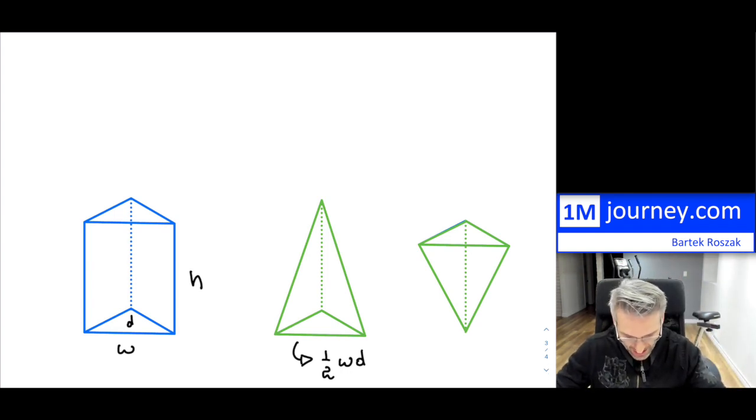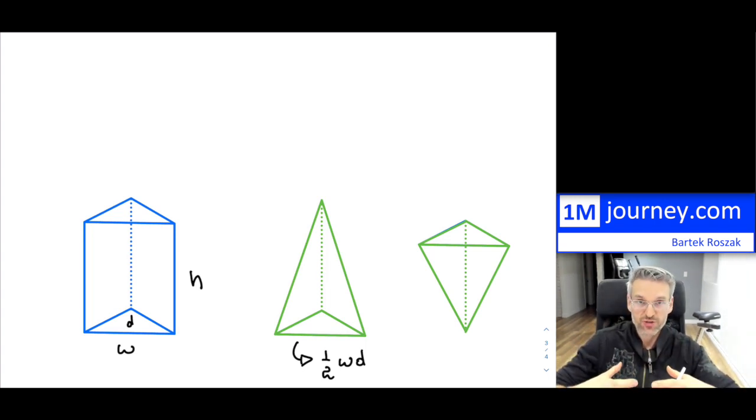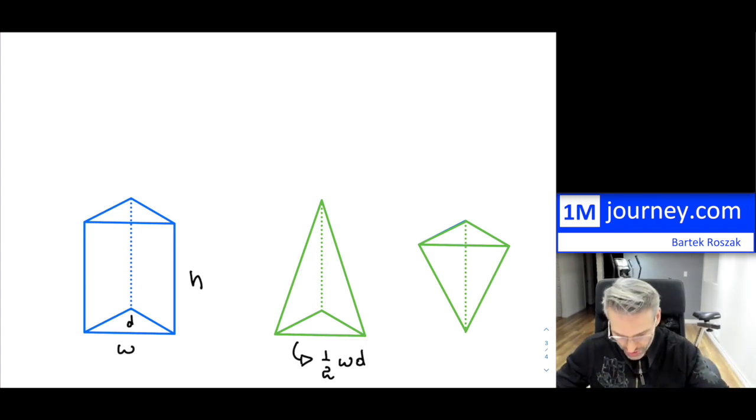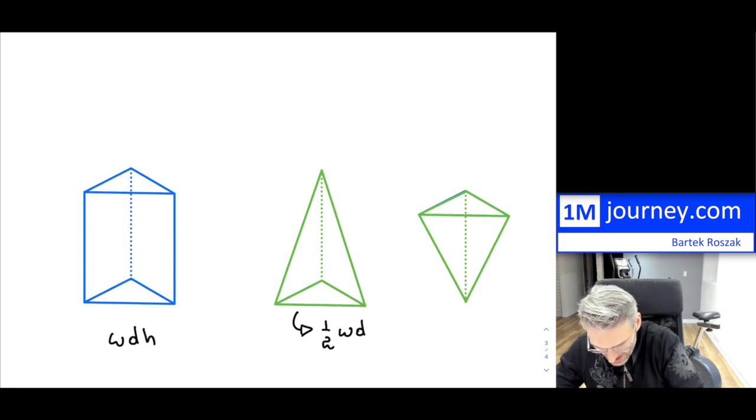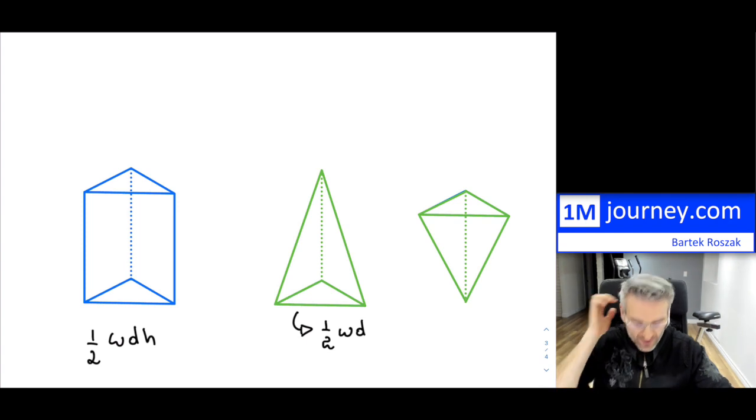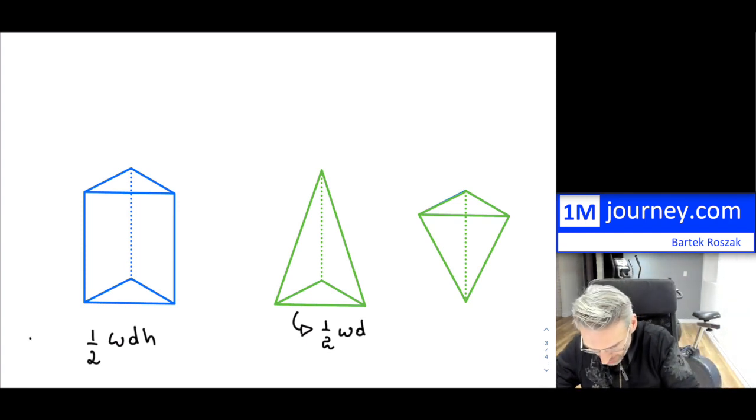So that's my area of the actual surface that I have, which is the triangle itself. Now, let me remove all of this and say that the volume of this prism would have been just WDH. It's the same thing that I would have in here, except I would have a half because I'm dealing with a triangle. So that's the volume.